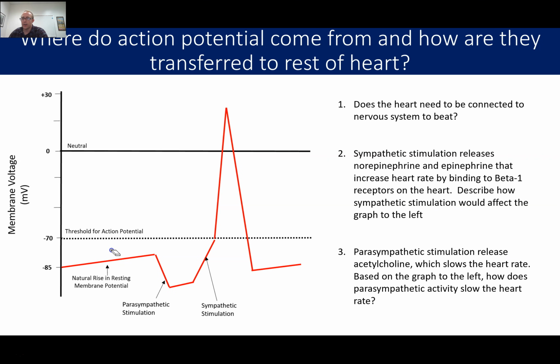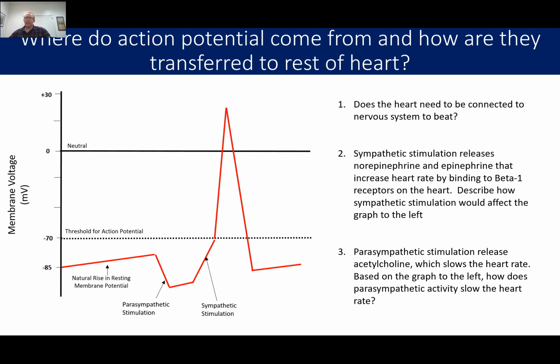In contrast, in your heart, the membrane's a little leakier, and it lets more positive ions like sodium and calcium into the cell gradually, naturally, without you doing anything. The positive ions flow into the cell, bringing it closer and closer to threshold. And once it hits threshold, you get an action potential, which is passed from one muscle to the other, and the whole heart contracts.